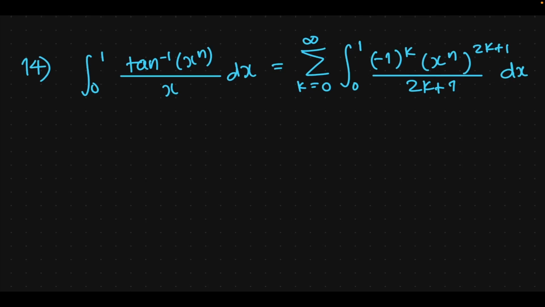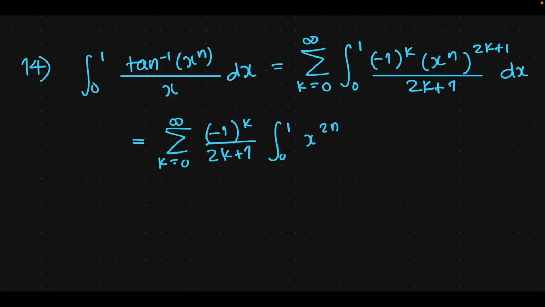And then the sum from k equals 0 to infinity of (minus 1)^k over 2k plus 1 times the integral from 0 to 1 of x to the 2nk plus n minus 1 dx.